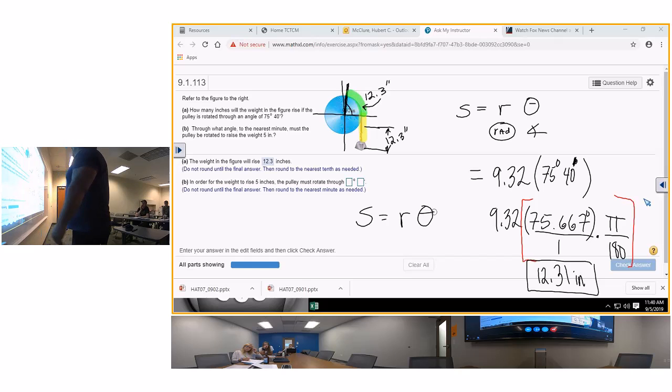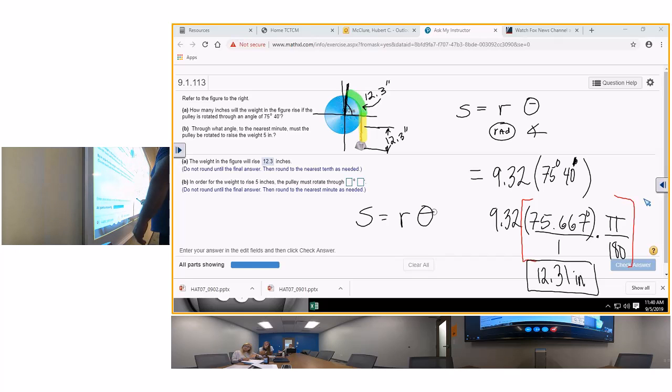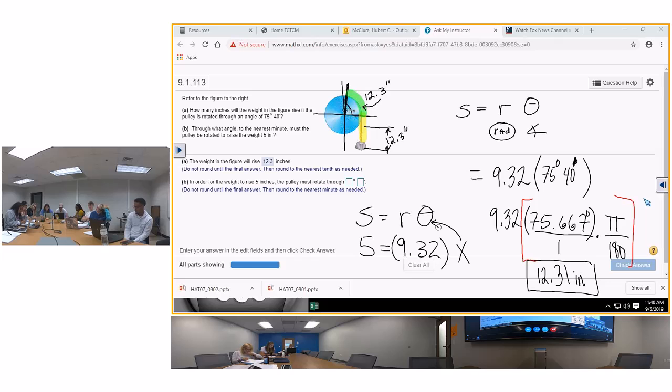what are we going to plug in? 5 right here. What is it, 9.32? I can't see it. 9.32. And what are we trying to find? Theta. So go to it.